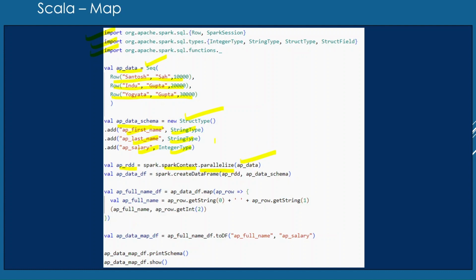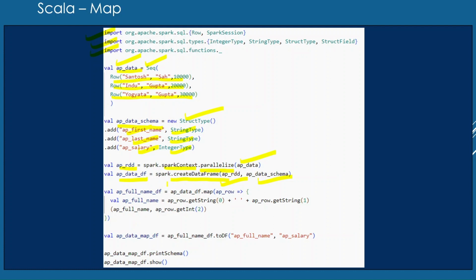Here AP data, which we have defined, holds three row objects. Once this RDD gets created, with the help of the createDataFrame function, by passing this RDD object and this custom schema, I am creating this data frame.